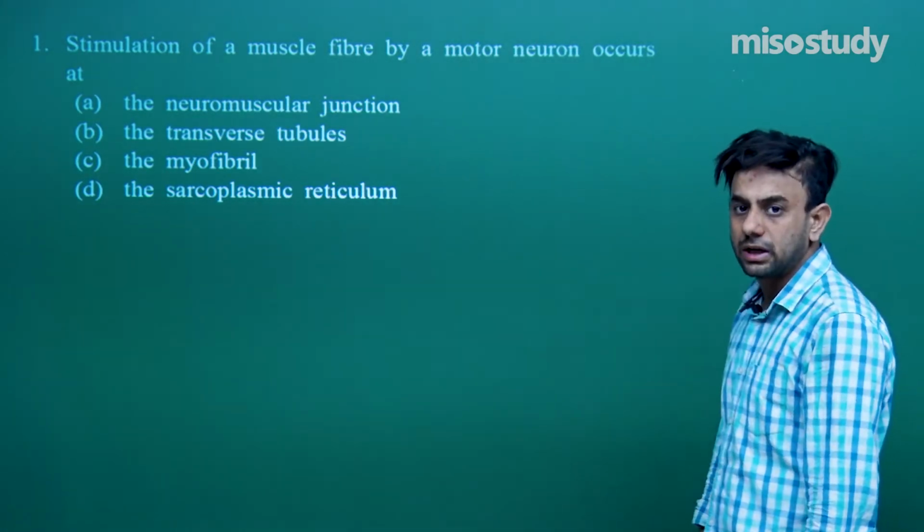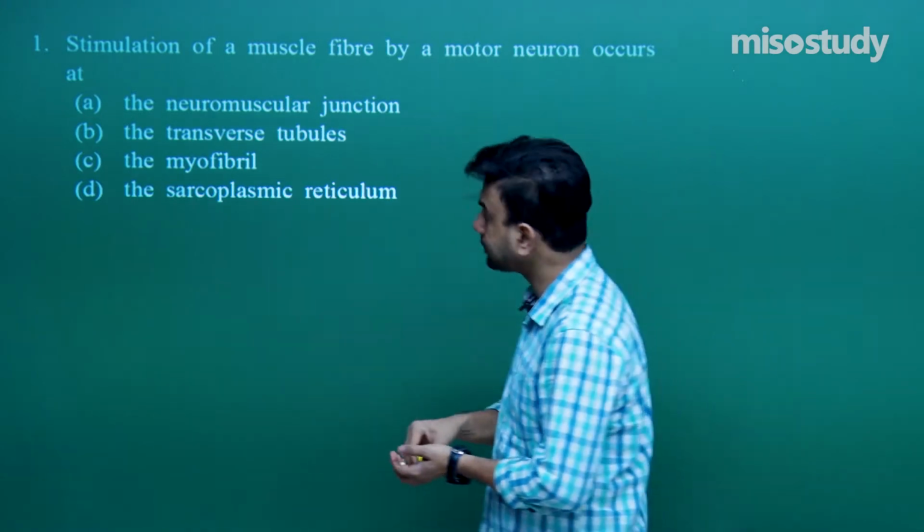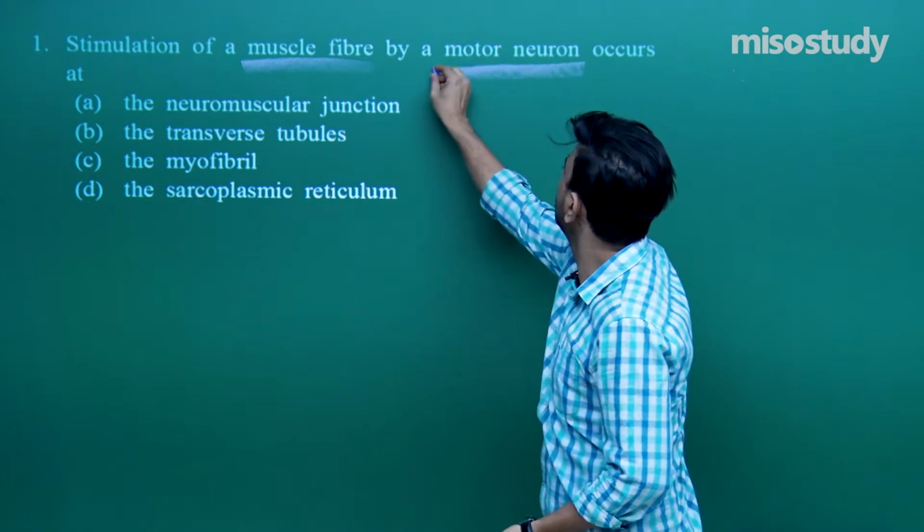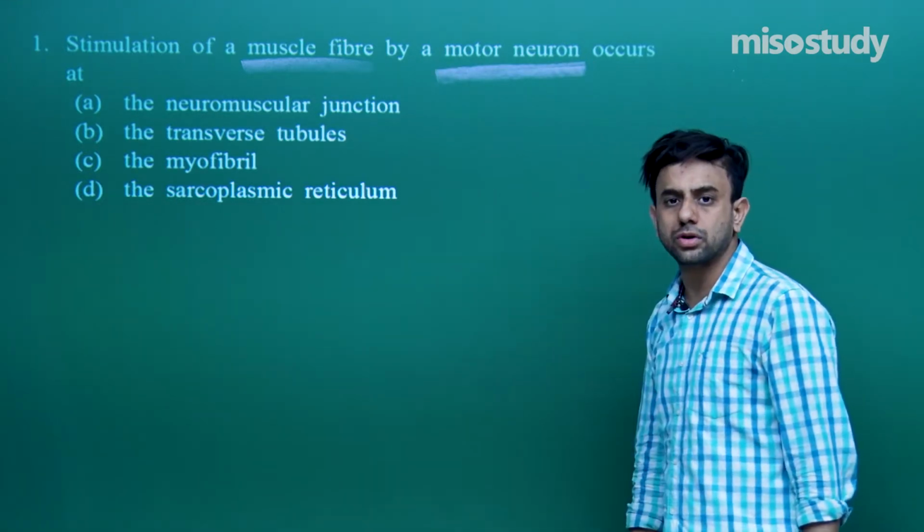So what we see here is a muscle fiber and a motor neuron.